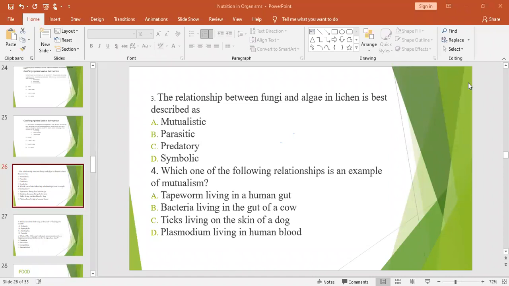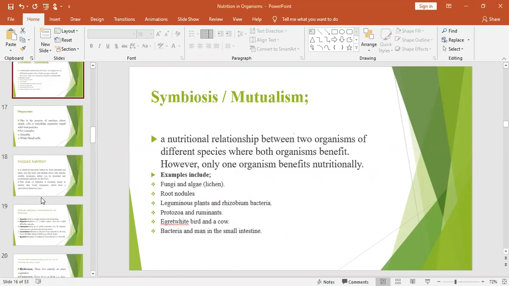So which type of association did we give here? Mutualism. It is mutualistic. Let me run back very fast so that you can confirm that answer.